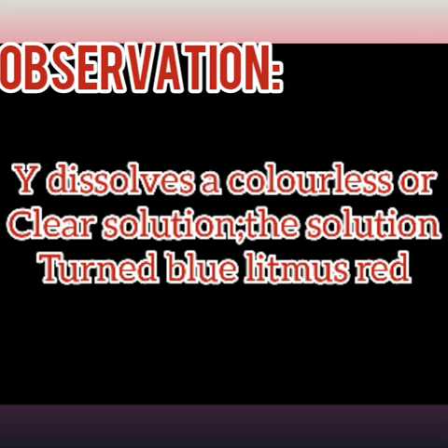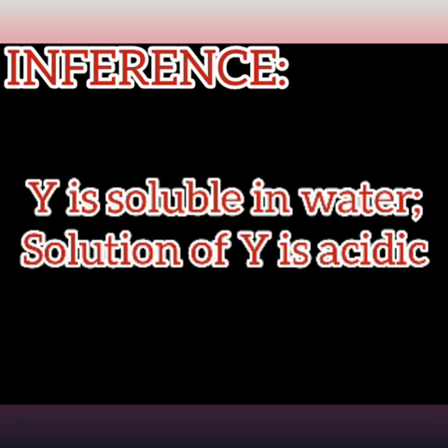We need to take note that aluminium chloride is a Lewis acid, and when you hear acid, you know that it will turn blue litmus red. Then for your inference, Y is soluble in water, and of course the solution of Y is acidic because it turned blue litmus red. So that's it for our first test.